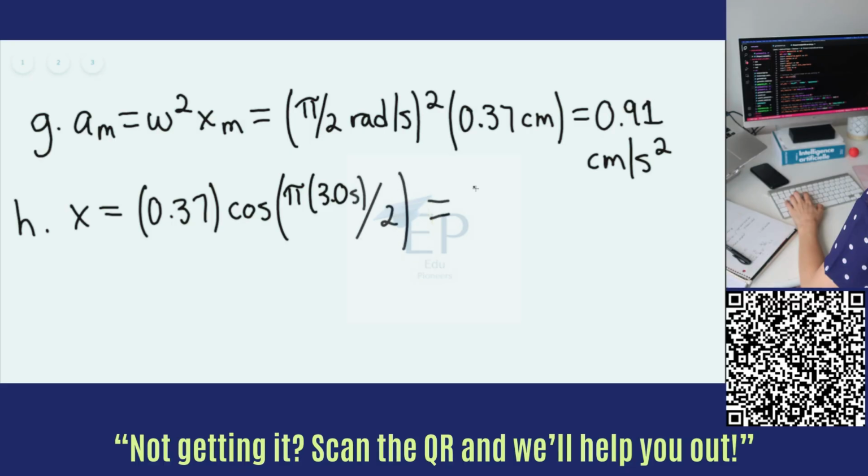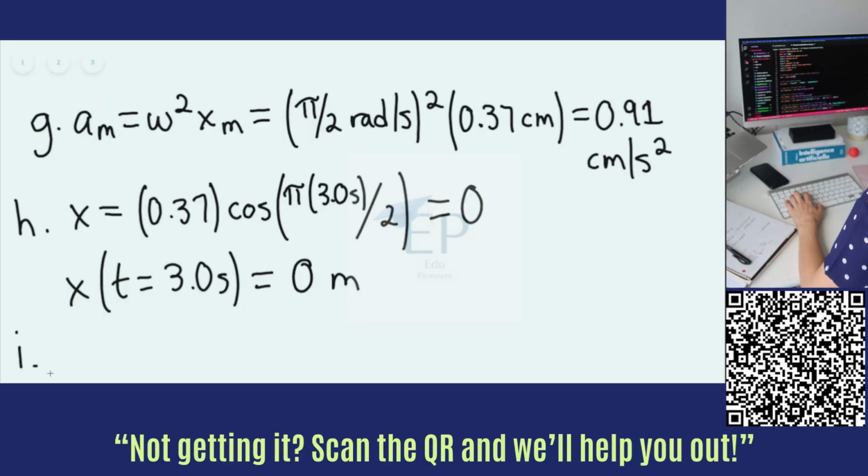Then we're going to set this equal to 0, and then rather, finding this, pi times 3.0 over 2 would give us 3 pi over 2. Cosine of 3 pi over 2 is going to be 0, which means that the x position at t equal to 3.0 seconds is going to be equal to 0 meters. And again, set the calculator to radians mode.